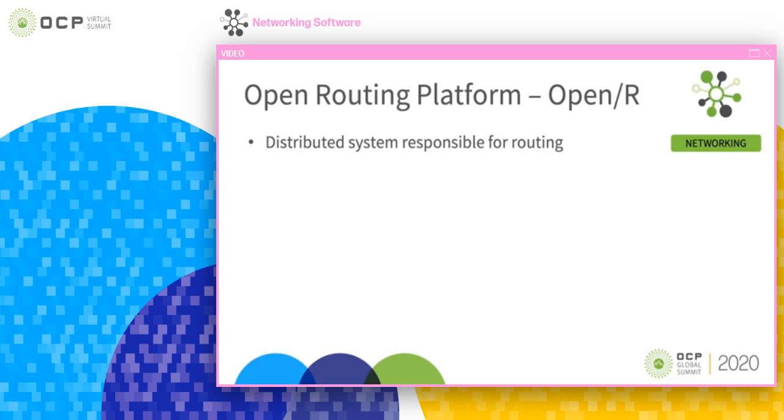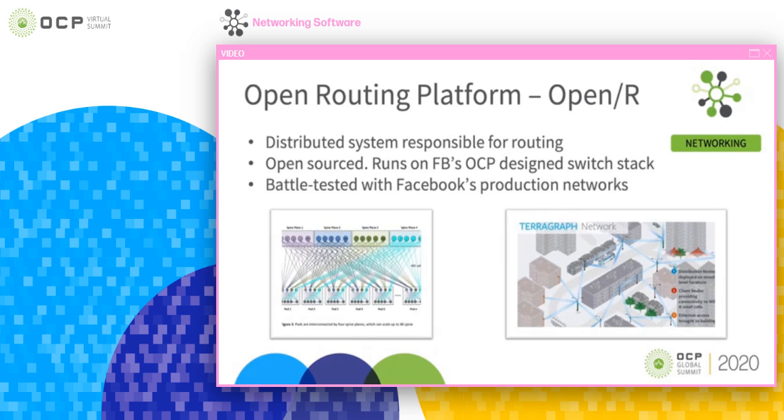It's a distributed system that's responsible for routing in the networks. It is open sourced and runs on Facebook's OCP designed switch stack, FBOSS. It's battle tested with Facebook production network. As of now, it runs in the wide area network, data center networks, and wireless mesh networks.